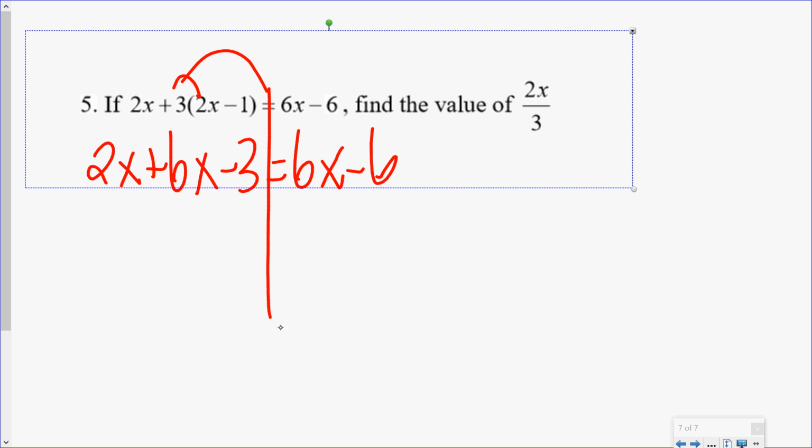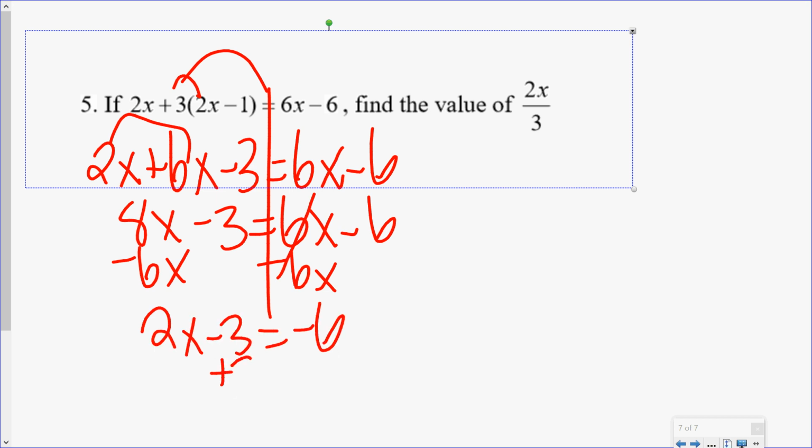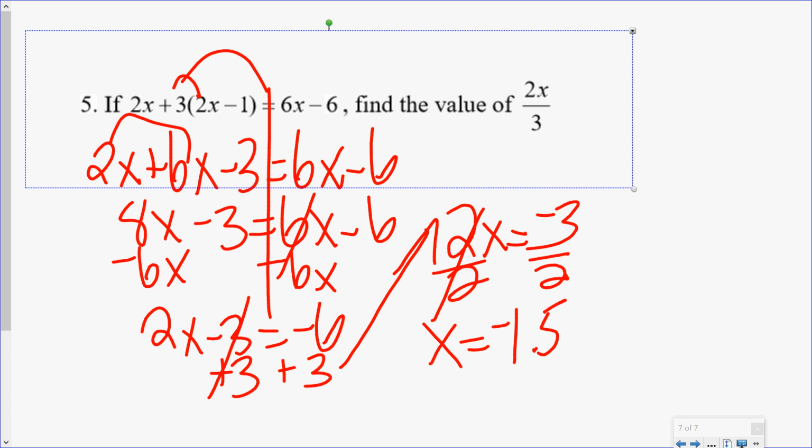Combine like terms. 2x and 6x is 8x. Bring all x to one side. Subtract 6x on both sides. Isolate, add or subtract first and divide last. So I get x equals negative 1.5.